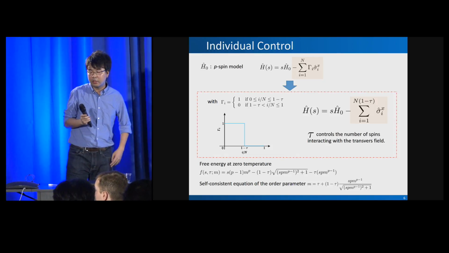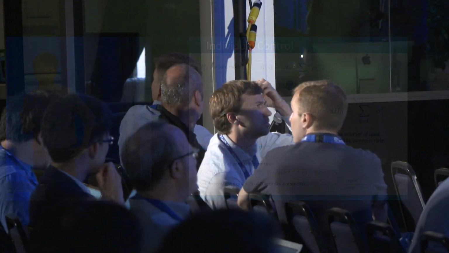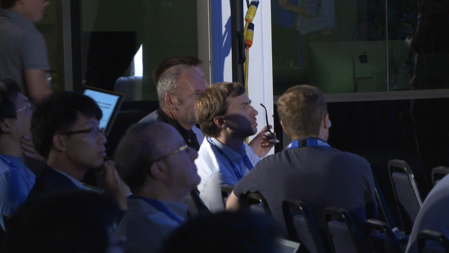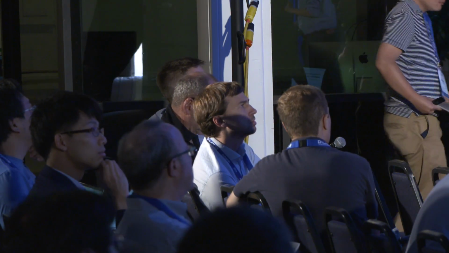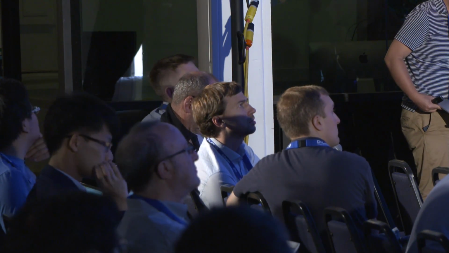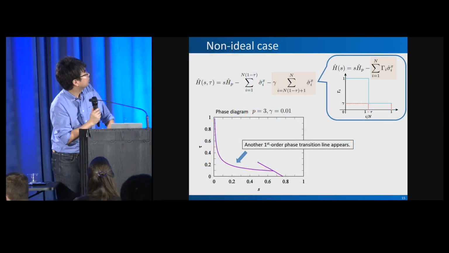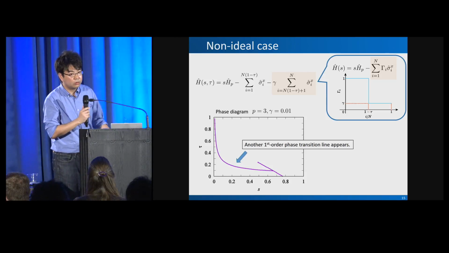Thanks. Hi. So just in this non-ideal case that you were discussing, this first order phase transition, is that a consequence of a mean field analysis that you still get this other first order phase transition? Does this come from the mean field analysis? Yeah.